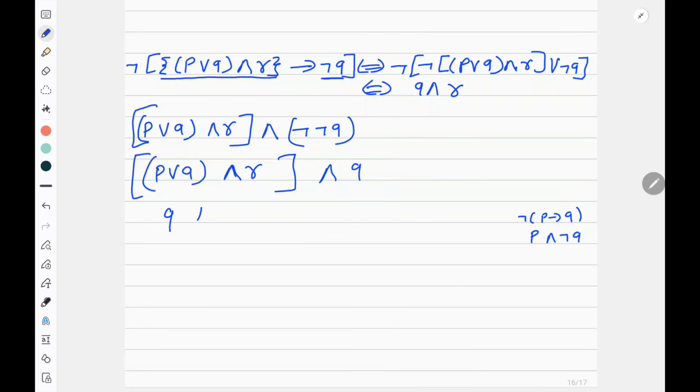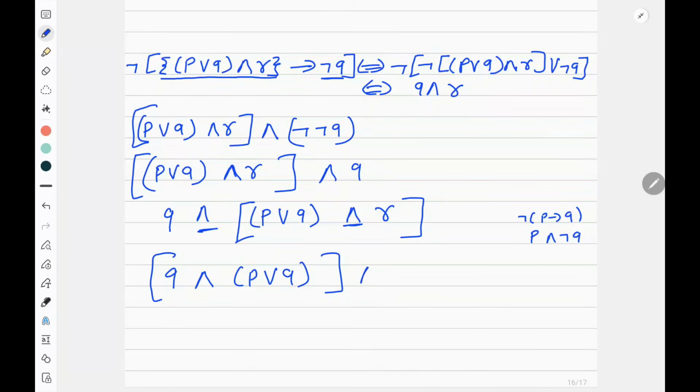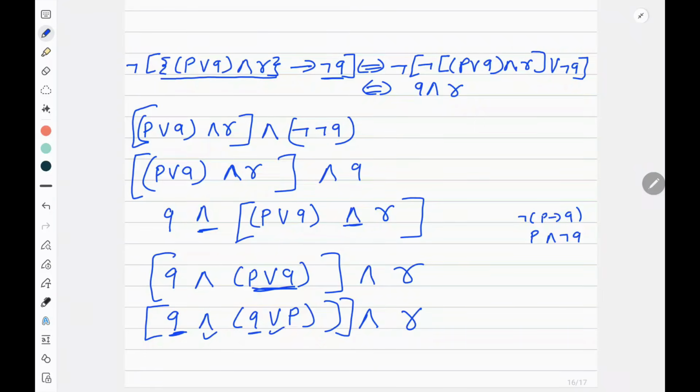So let me bring Q first this side, because this Q should be close to P and Q, not close to R. I can see the same bracket, so associative will work. So Q and P or Q I will write in one bracket and R. Apply commutative here. So Q and Q or P and R. Now Q, Q same, opposite sign, so absorption. So this becomes Q and R. So we are done with the first part.